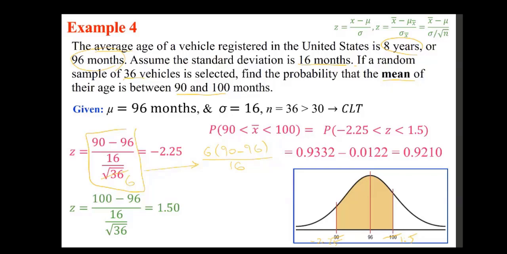And then we look it up all the way to 90, in other words, the z-score of negative 2.25. And then we come up with the answer. This area would be this number, and it's being subtracted from it. That's why, if we are using the table. And so the probability that the mean of their age is between 90 and 100 is 92.1%, okay, or 0.9210.